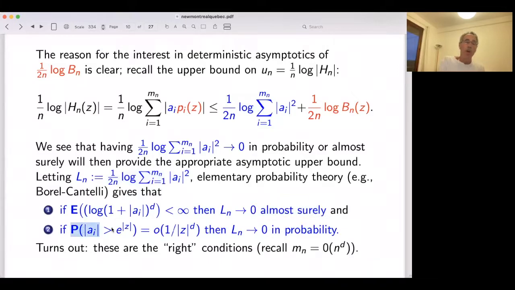If you have what I'll call a tail end condition, if the probability that this random variable is very big is very small with a precise decay here, then this blue part, the random part, goes to 0 in probability. And these facts are basically just from something we learned in measure theory, the version of Borel-Cantelli. So just remember that this finite logarithmic moment condition implies that our probabilistic part goes to 0 almost surely, and this tail end condition implies that the probabilistic terms go to 0 in probability.